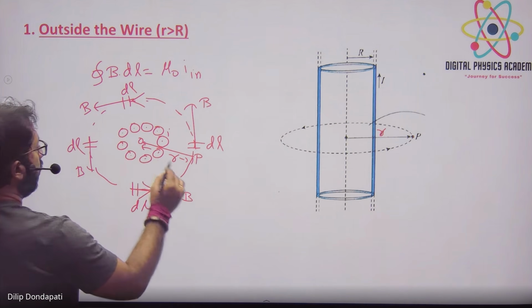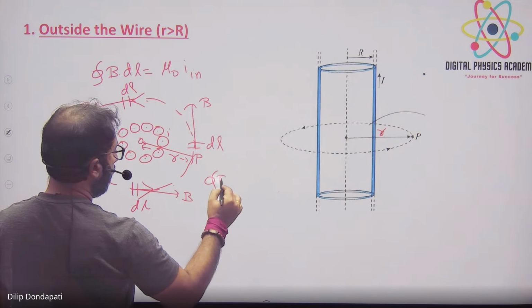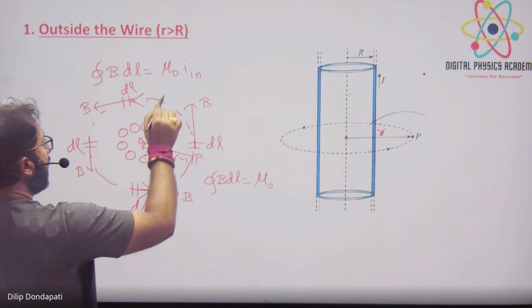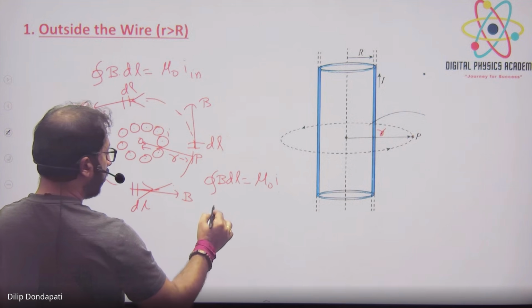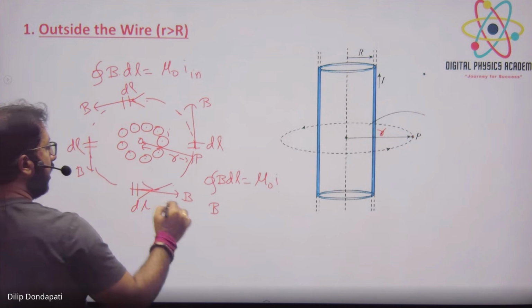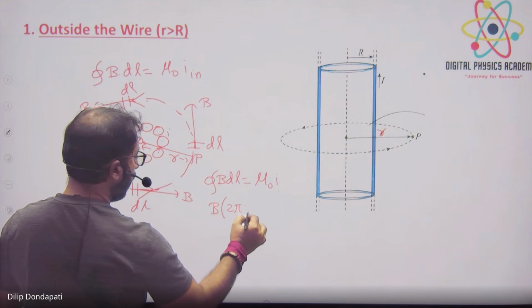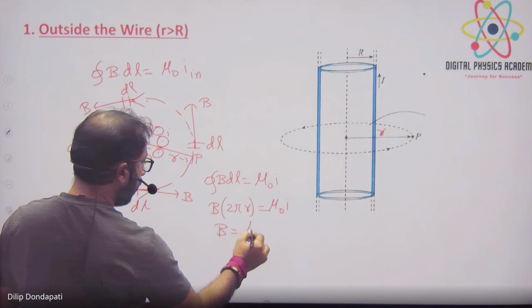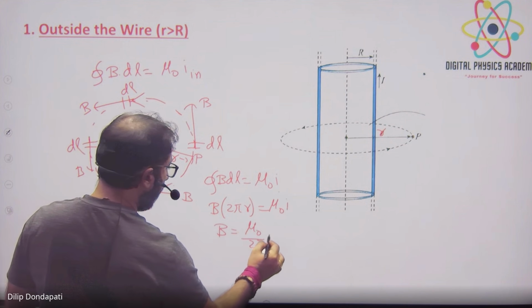So how much will it be? Closed integral B dl is equal to mu naught times I inside this loop. I inside is I only, B is constant, and dl sums to the total circumference of the circle, 2 pi r. So 2 pi r B is equal to mu naught I. So B is equal to mu naught by 2 pi into I by r.